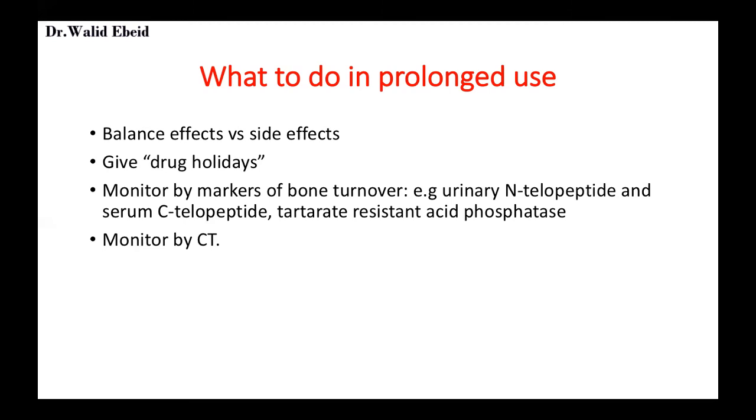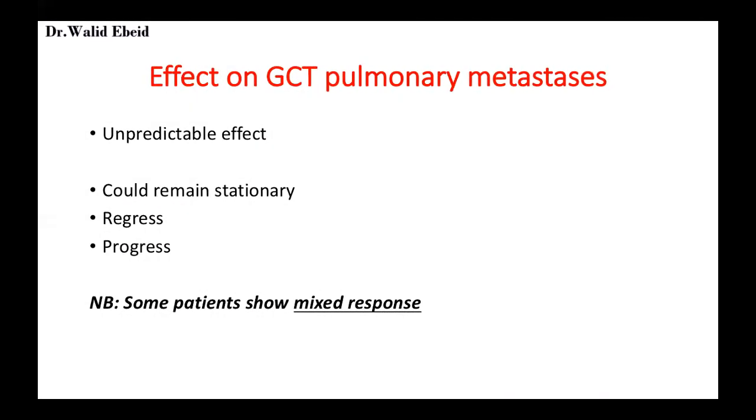Some physicians monitor the progress of denosumab by measuring the markers of bone turnover, like urinary N-telopeptide, serum C-telopeptide and TRAP. The effect of denosumab on metastatic giant cell tumor or on pulmonary metastasis is actually unpredictable. These metastases could remain stationary, they could regress, or they could even progress.